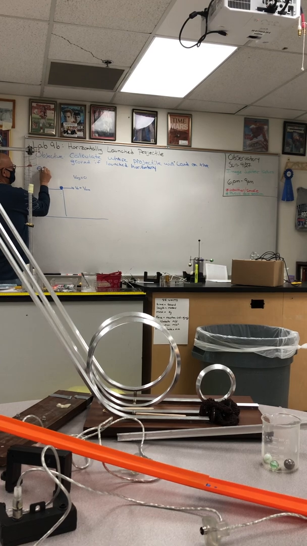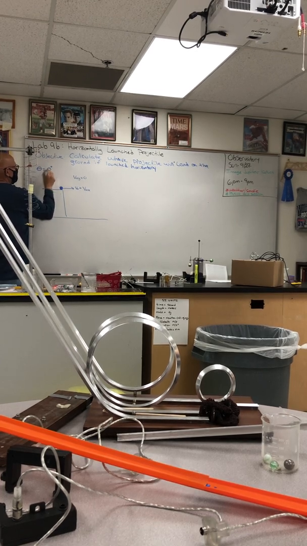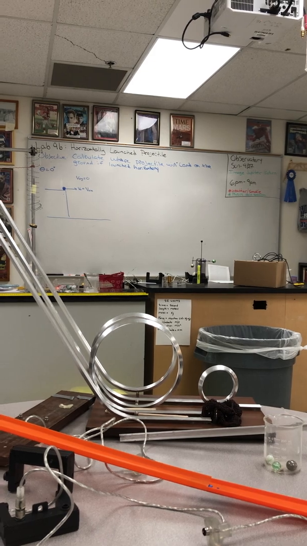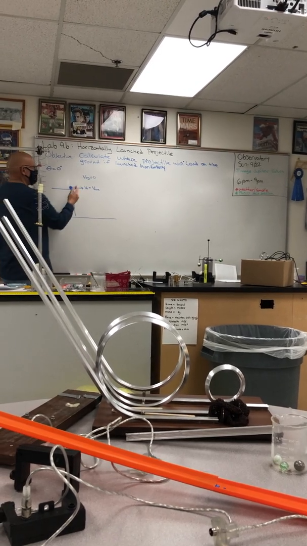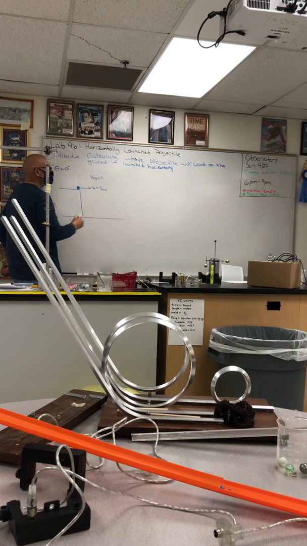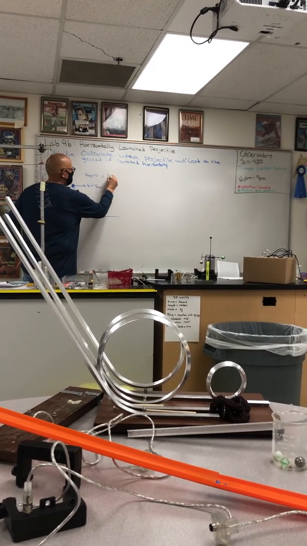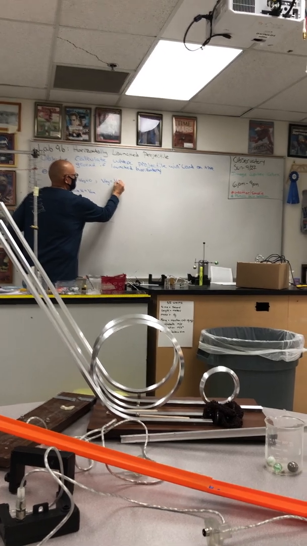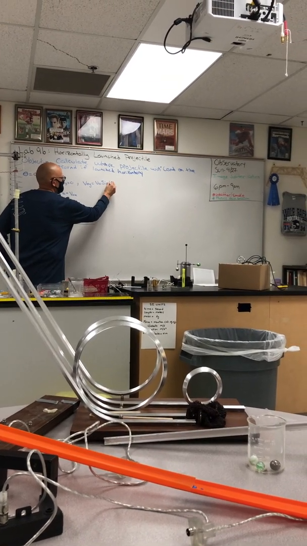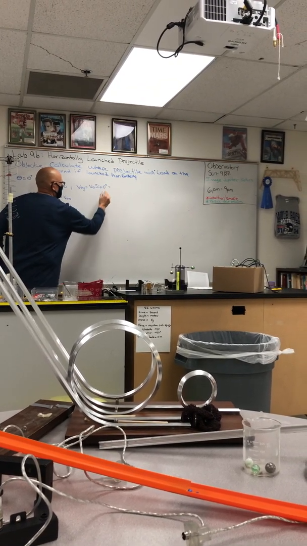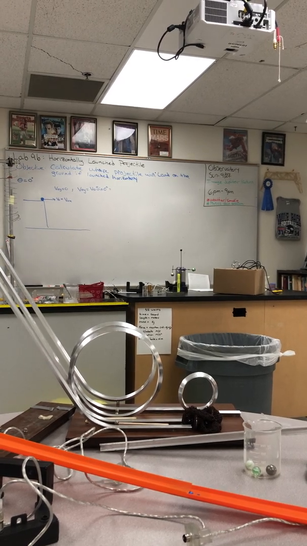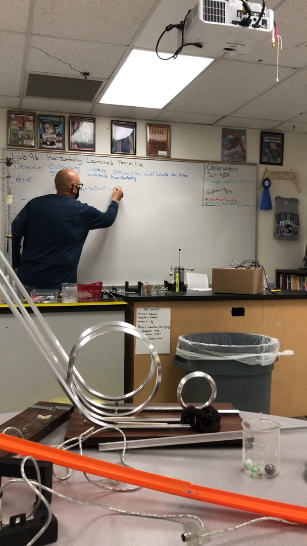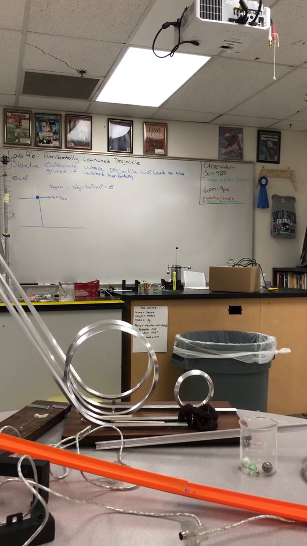Because theta is going to be 0 at the moment it is launched. So VOY equals VO times the sine of 0 degrees. What's the sine of 0 degrees? 0. So only at the initial moment it is 0.